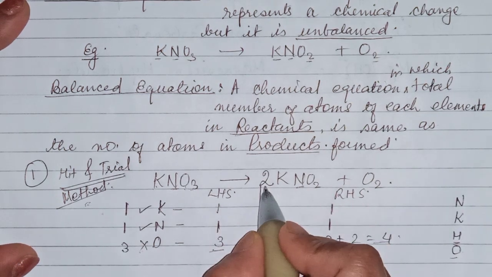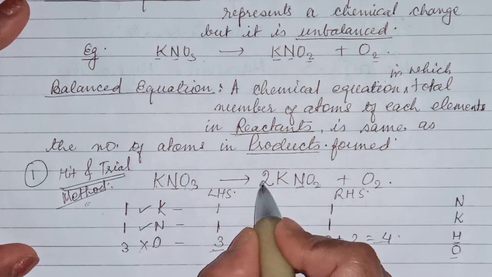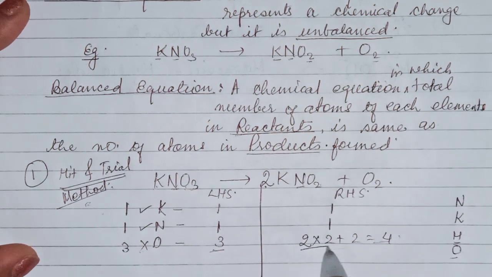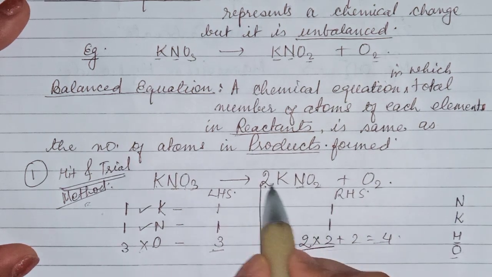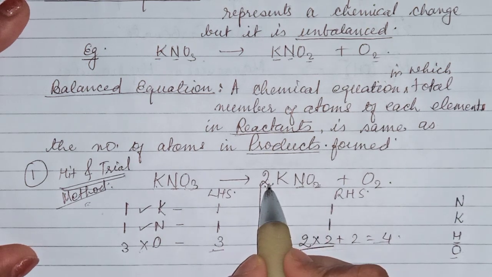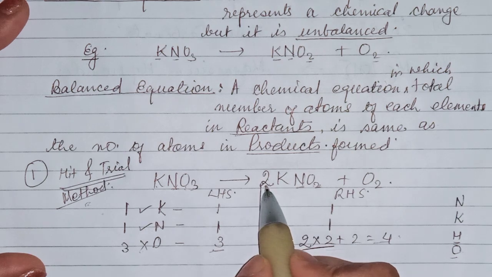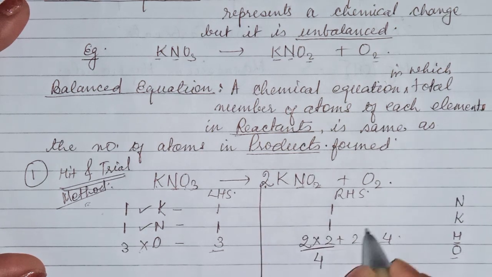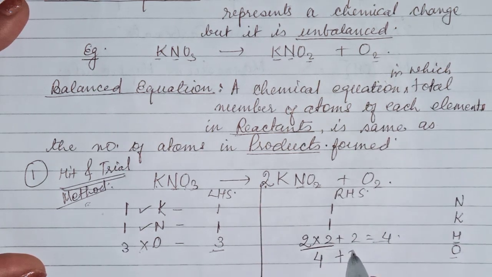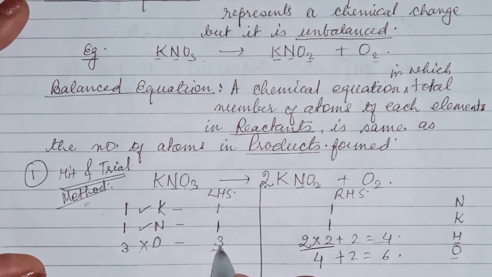If we put 2 over here, then oxygen is 2 into 2, which is 4. You have to multiply the number of atoms with the coefficient. So 2 into 2 is 4, and now plus 2 is 6. Now here it is 3.